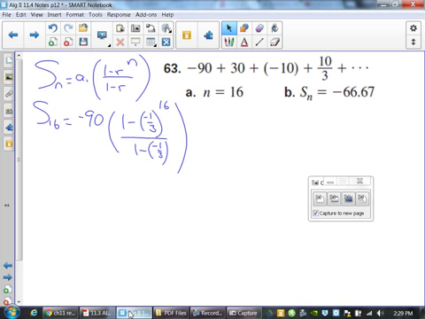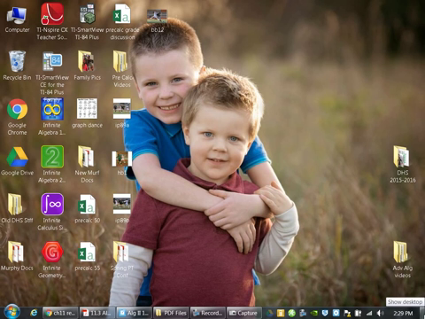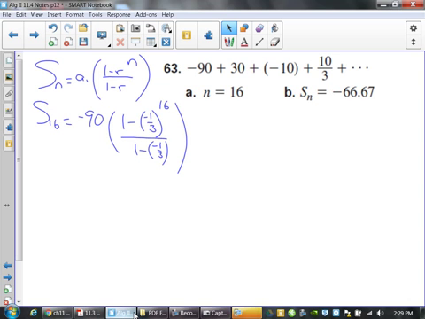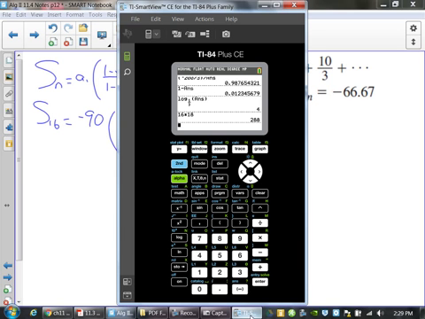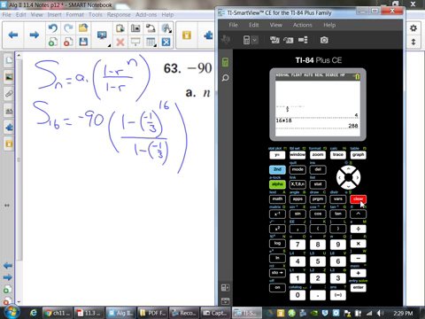Okay? When you put it in your calculator, just do bits here, okay?